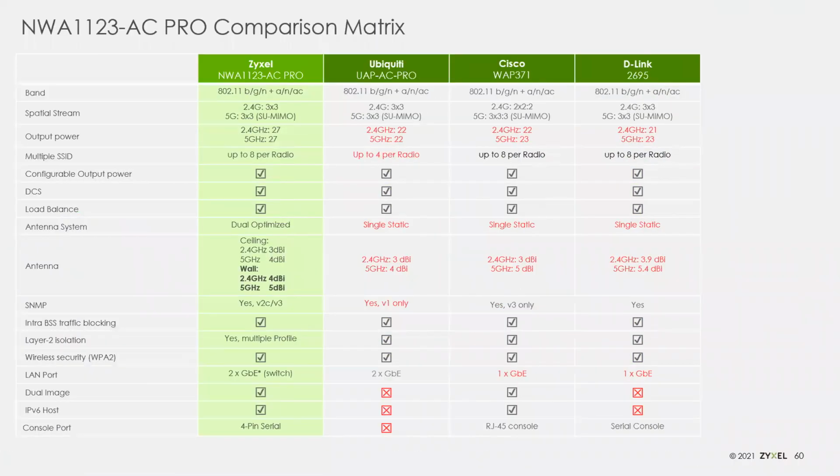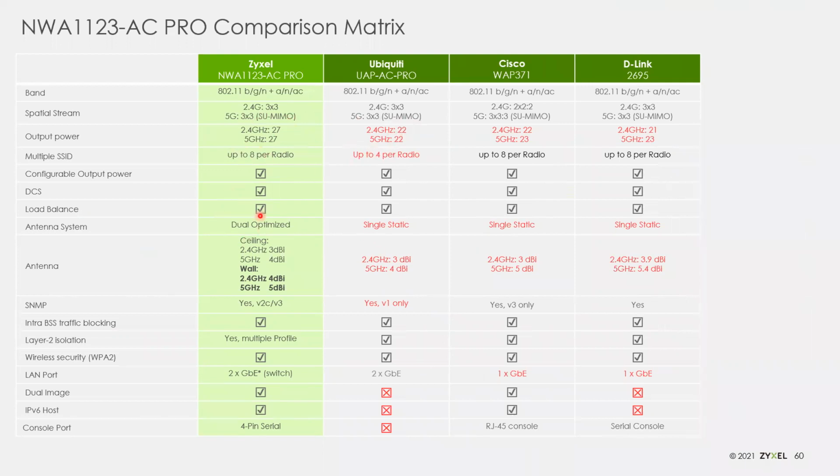So one of the models we talked about earlier was the NWA1123-AC Pro. This access point is designed to compete primarily with the Ubiquiti UAP-AC-Pro. Should be roughly the same price or less, and it gets you a lifetime warranty versus a 1-year warranty. It gets you much higher output power on the radio than you get with the Ubiquiti product.